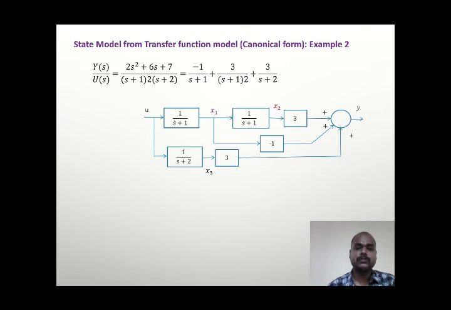So this will be x2, and later on the constant 3, which is represented as a block here.